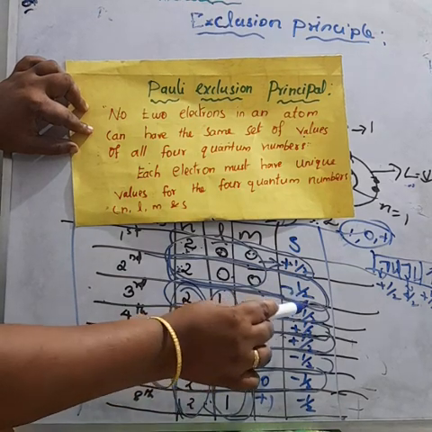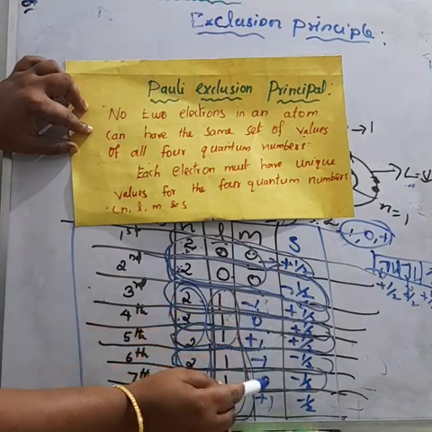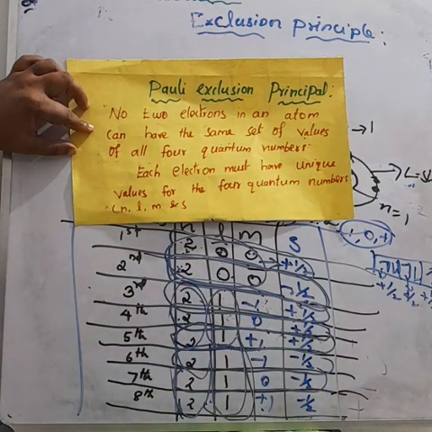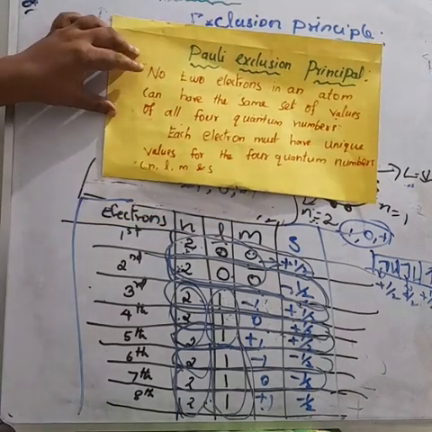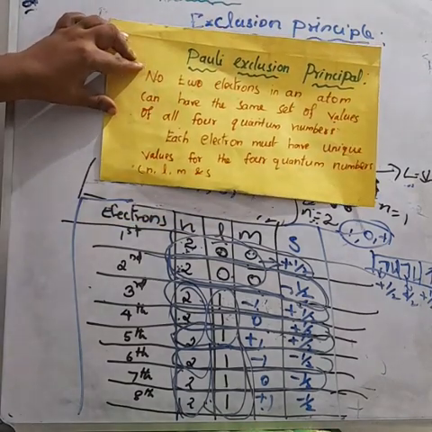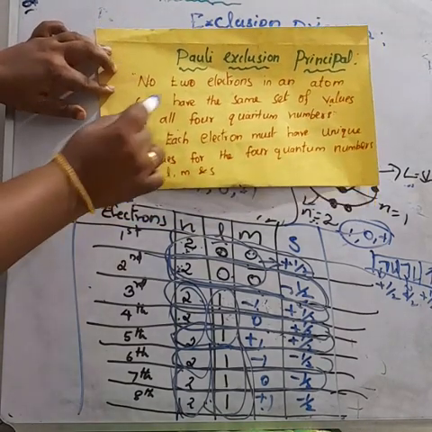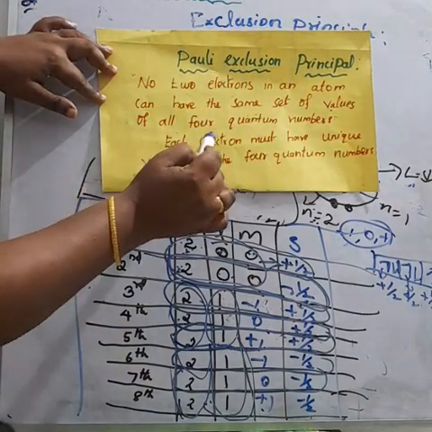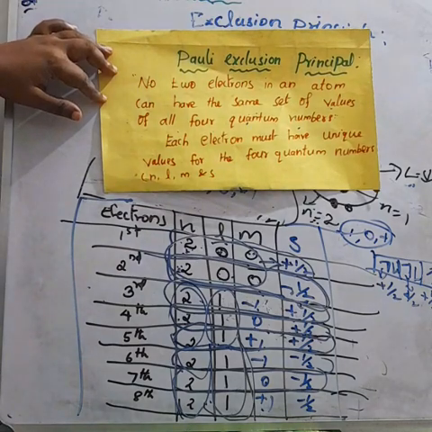Each electron's magnetic quantum number and spin quantum number also differ. This is the Pauli exclusion principle: no two electrons in an atom can have the same set of values of all four quantum numbers. Understood? I hope all of you understood.